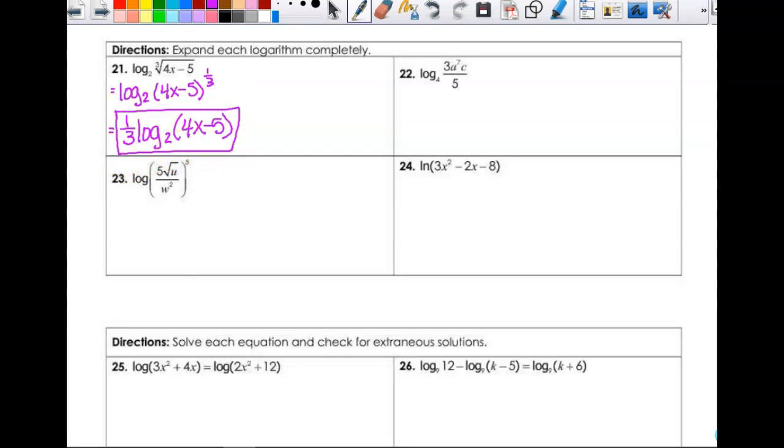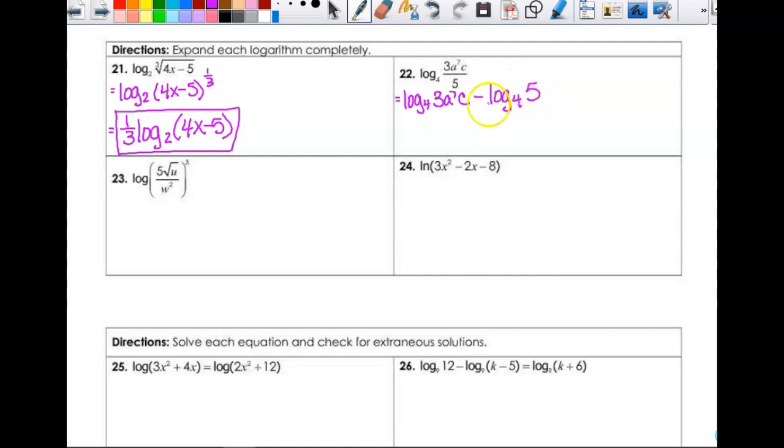All right, so number 22, I've got division, so I'm going to split that into subtraction. So this is going to give me log base 4 of the numerator, which is 3a to the 7th times c, minus log base 4 of 5.